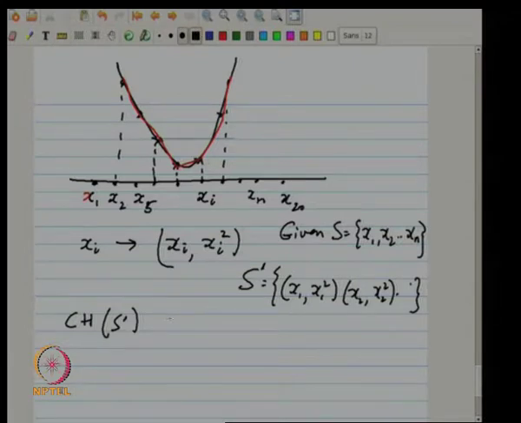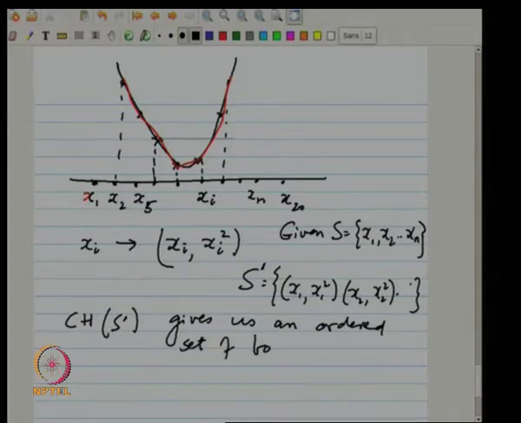So, it gives us an ordered set. Either it will be like this or it could be like this, either way is fine.